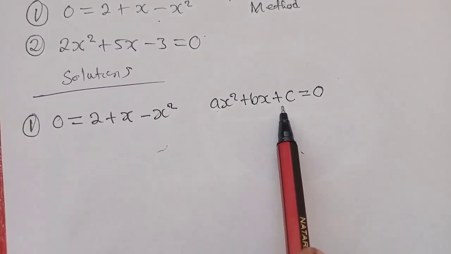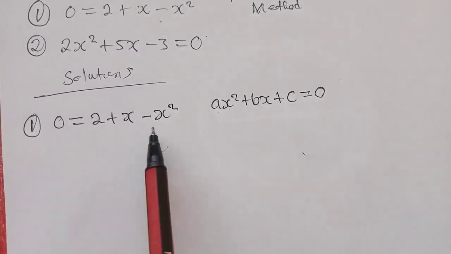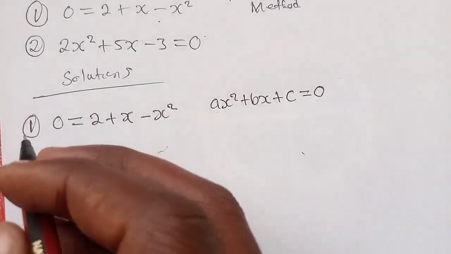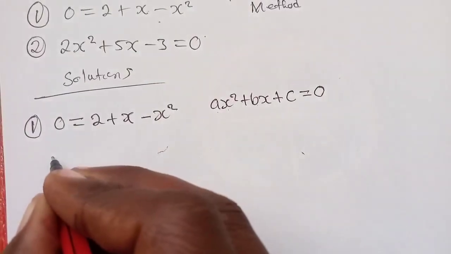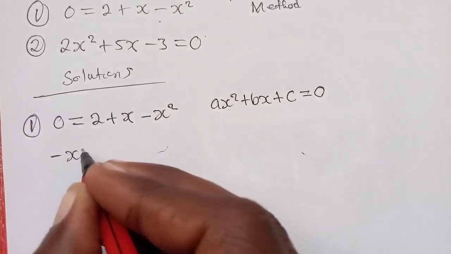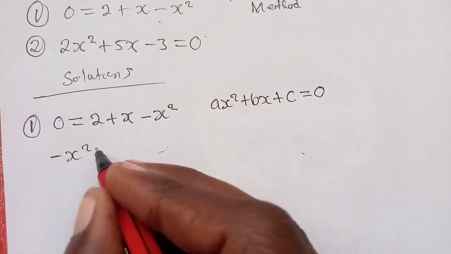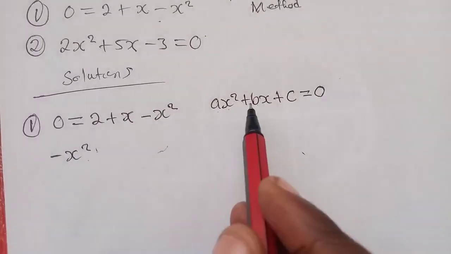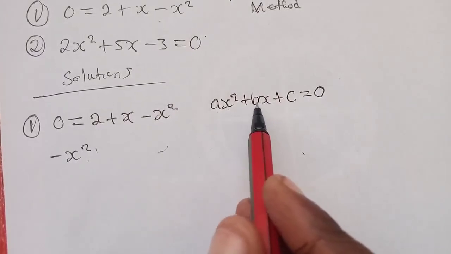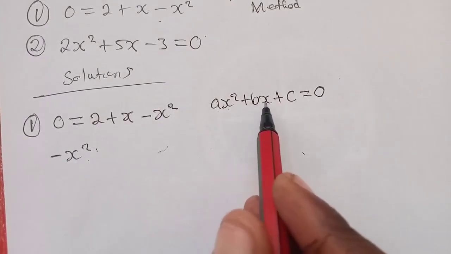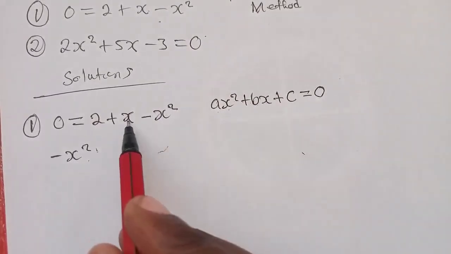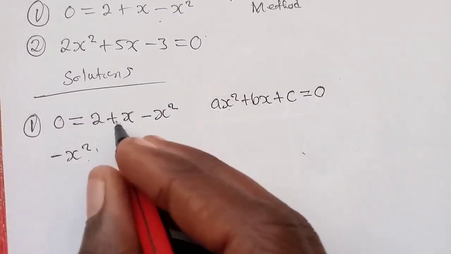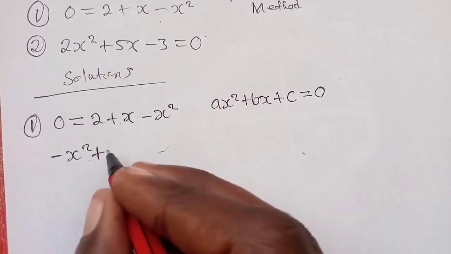That is the first thing that we're supposed to do. You can't start solving without arranging it. So arranging it, we have negative x squared. This is the first one. The second one is the one that is just attached with letter x, so it is positive x.